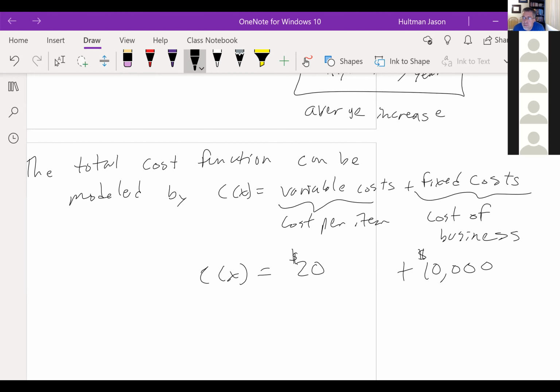And then I'm going to put them into a $10,000 coin press, and they're going to make some really nice coins. However, that $20 is per item.